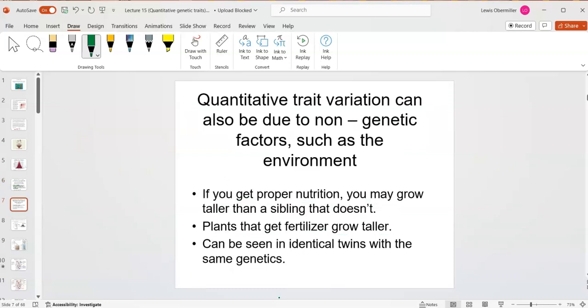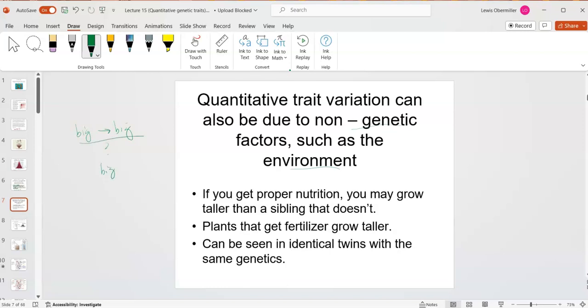All right. So we just talked about this. It could be due to non-genetic factors like the environment. If I feed one chicken more, maybe it grows bigger. Maybe it doesn't matter. So if you're a farmer, you'd want to know if I breed this big chicken to this other big chicken, will I have a big chicken?